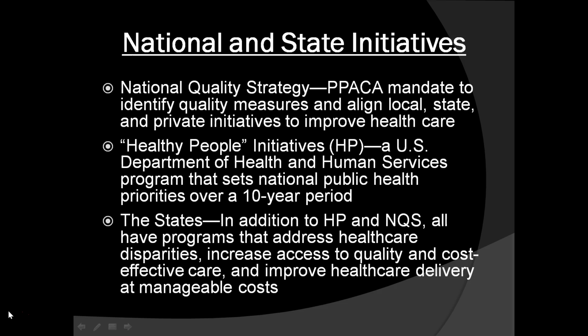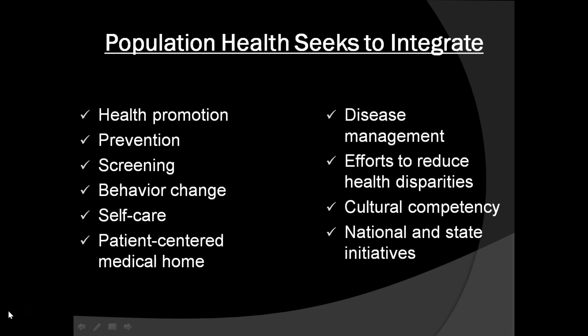And then you have states, which in addition to Healthy People as well as the National Quality Strategy, all have programs that address healthcare disparities to increase access to quality and cost-effective care, and also to improve healthcare delivery at manageable costs. And then finally, population health seeks to integrate health promotion, prevention, screening, behavioral change, self-care, patient-centered medical homes, disease management, efforts to reduce health disparities, cultural competencies, and national and state initiatives.